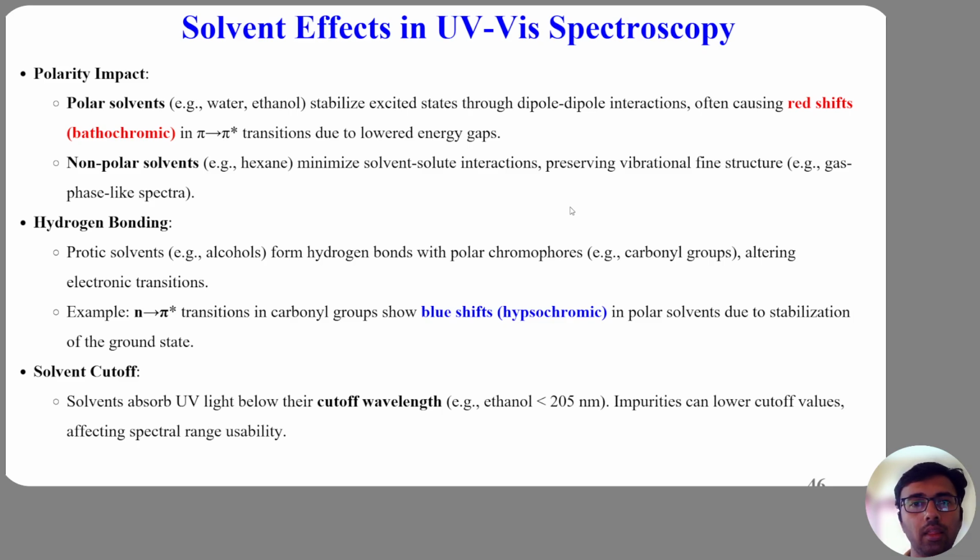This stabilization reduces the HOMO-LUMO energy gap for pi to pi star transitions. As a result, we observe bathochromic shifts, also known as red shifts. Now consider non-polar solvents like hexane.